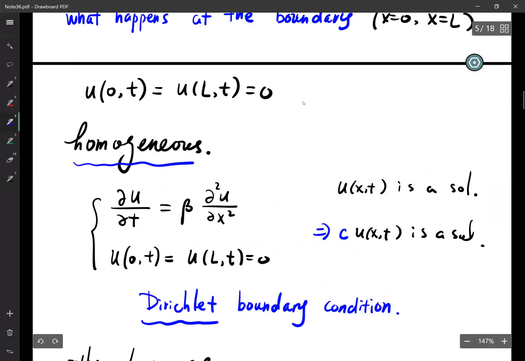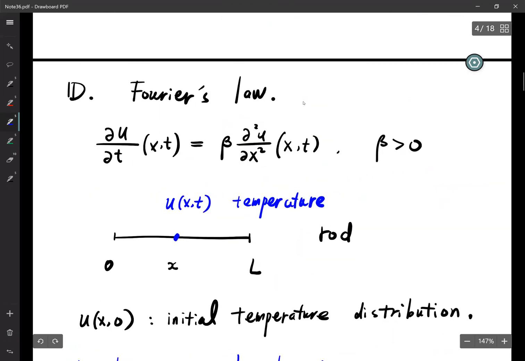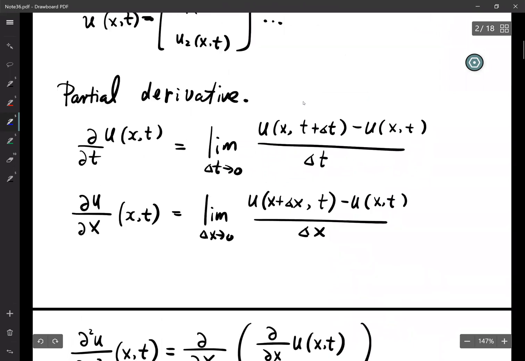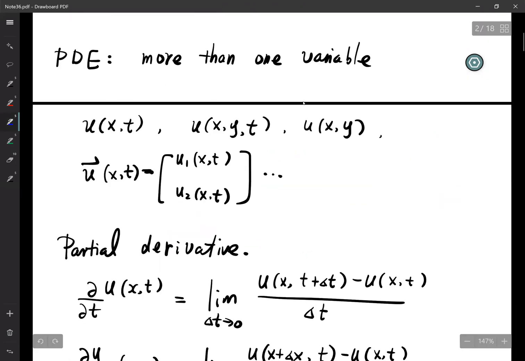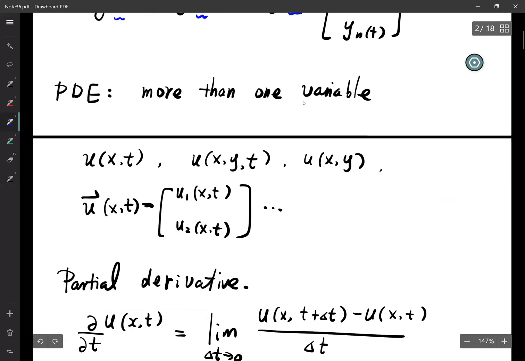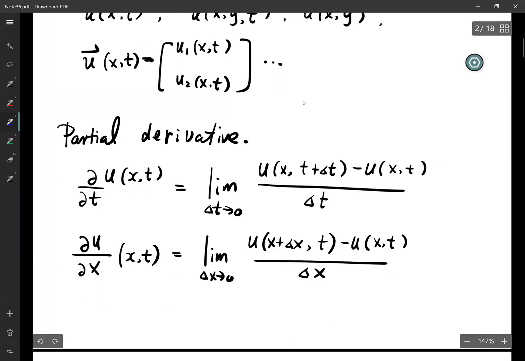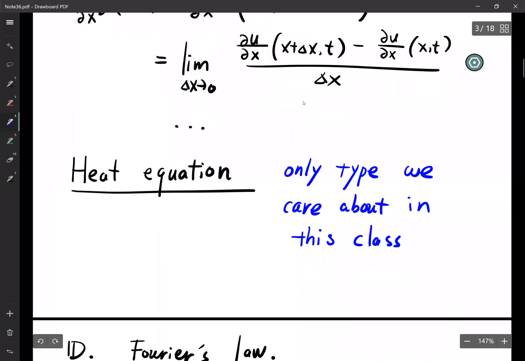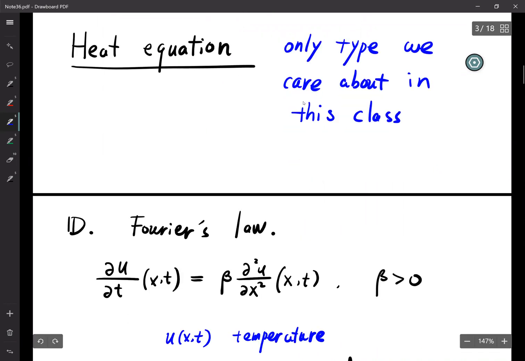So let's pause for a second and review what we have said. We started from something rather general. We started from PDEs and said there are many ways to put the derivatives together. Then I said we're only going to focus on one way of putting the derivatives together, which is called the heat equation.